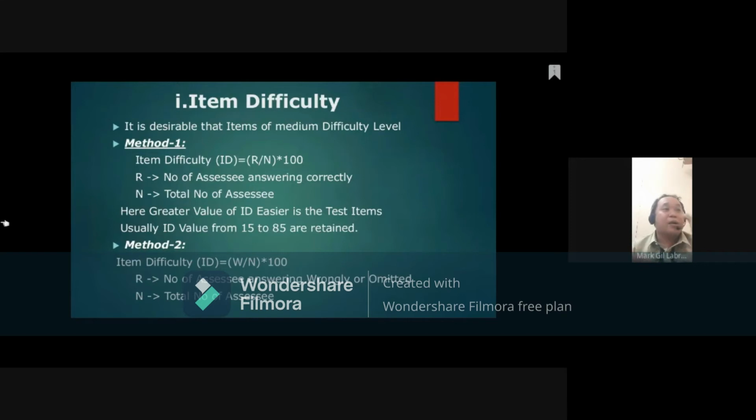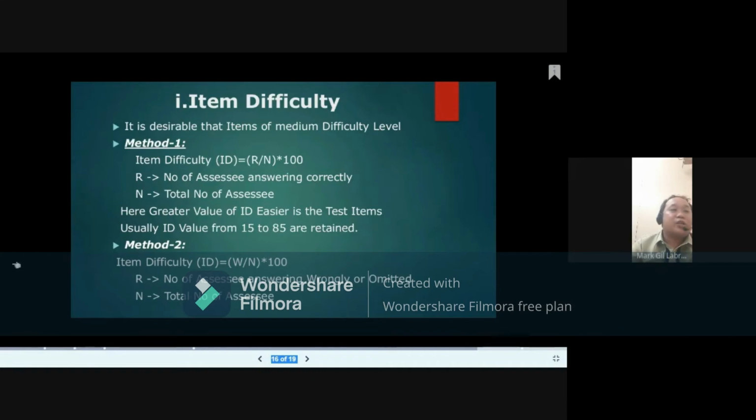So yan ang method 1, item difficulty. Usually ID values from 15 to 85 are retained. So kung halimbawa 15 to 85, good na yan siya.